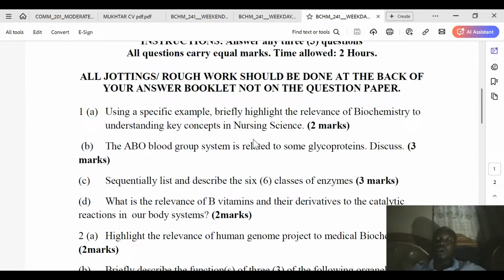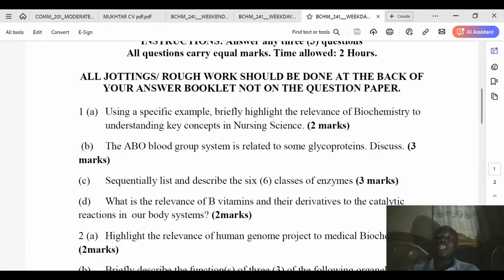We have individuals with blood group A, blood group B, blood group AB, and blood group O. So now the question is, why do these blood groups vary across individuals? What makes the blood group systems differ from one another is the sugars that are found on the red blood cells.